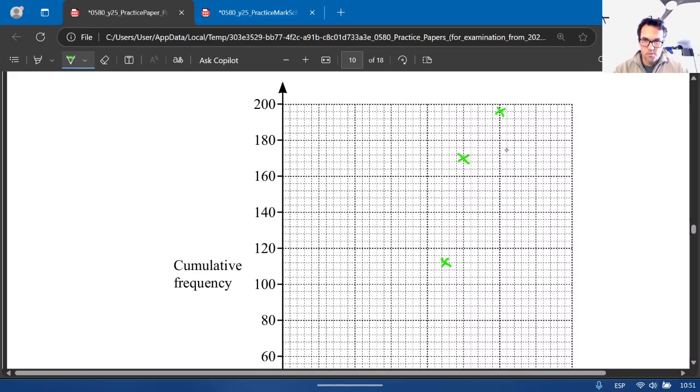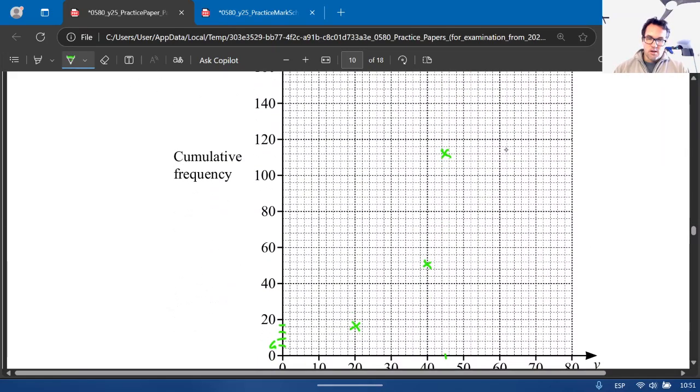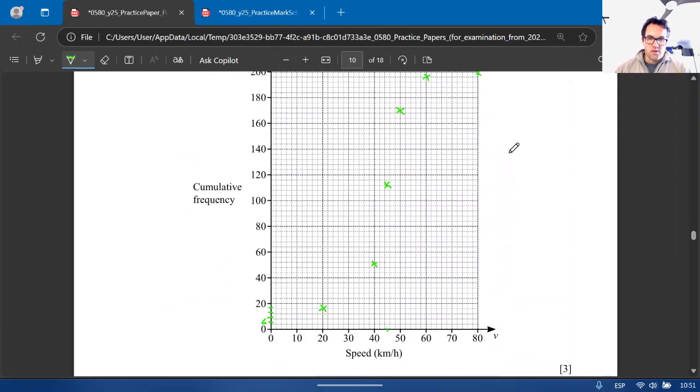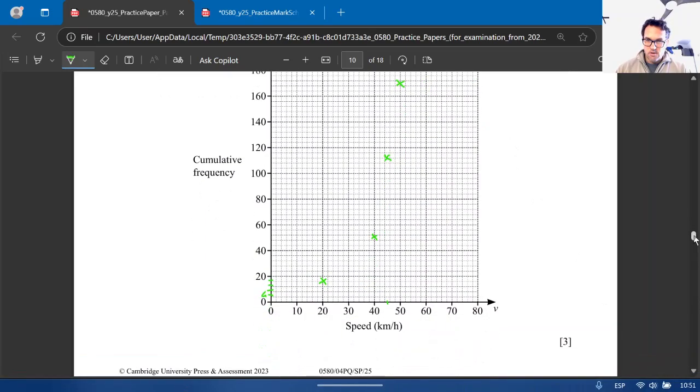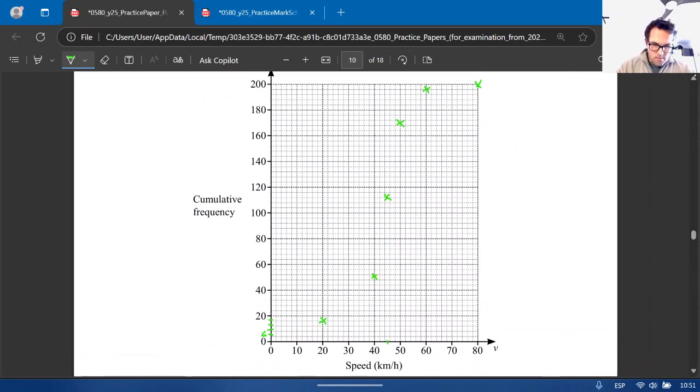It's just 4 below. The final one, 80, 200. And that gives you that cumulative frequency graph shape, which is always the same. And you draw this by freehand. Okay, but make sure you go through every point.